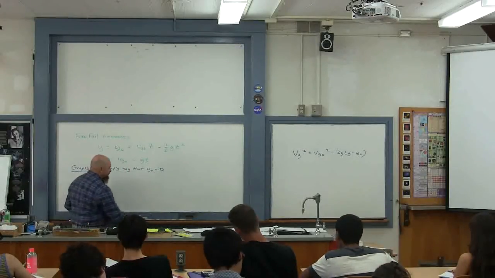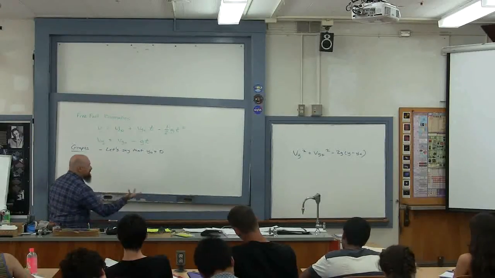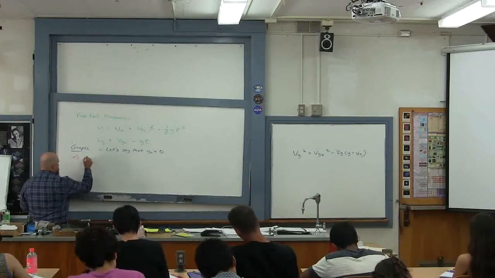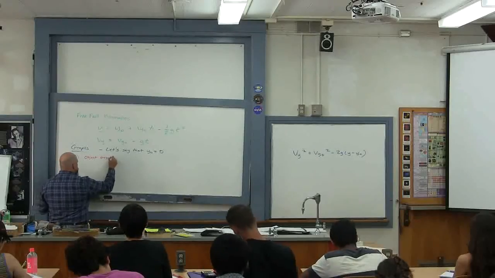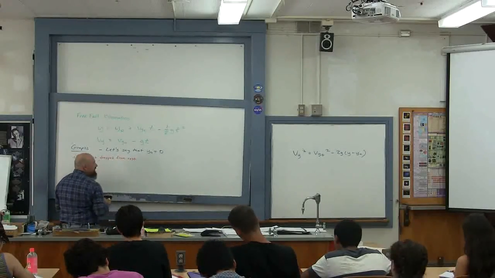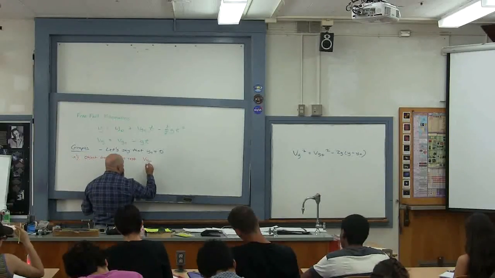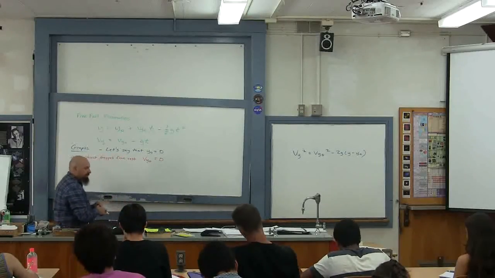I'm going to quickly sketch out three possibilities. The first and easiest is an object dropped from rest. If the object is dropped from rest, the initial velocity, vy0, is equal to 0.